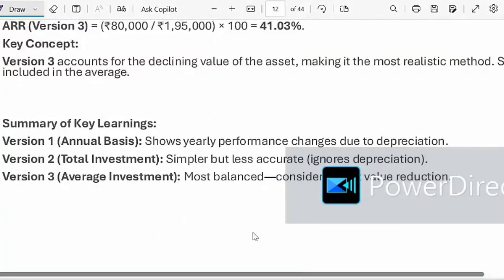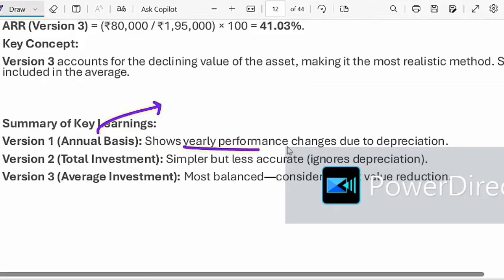There are three versions of calculating the ARR. Version number one is the annual basis. Let me again write the formula. How did we calculate the ARR based on version number one, that is, on annual basis? In the case of ARR number one, it shows the yearly performance.